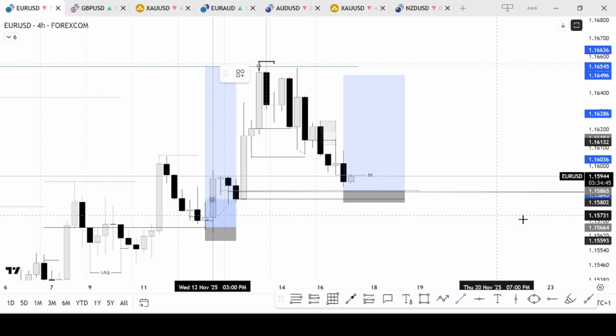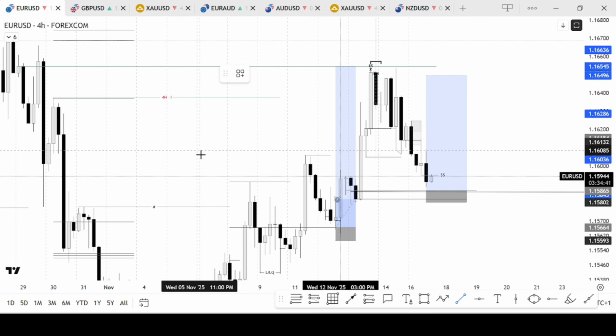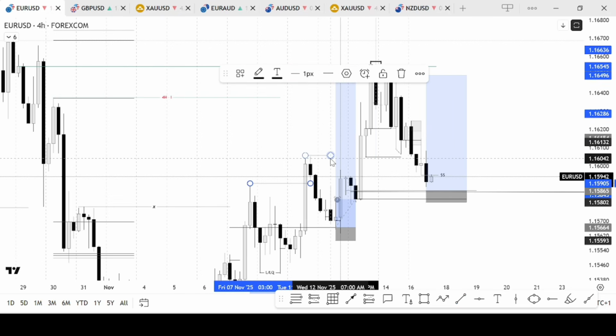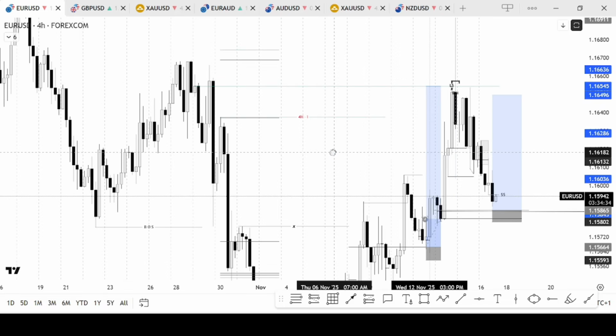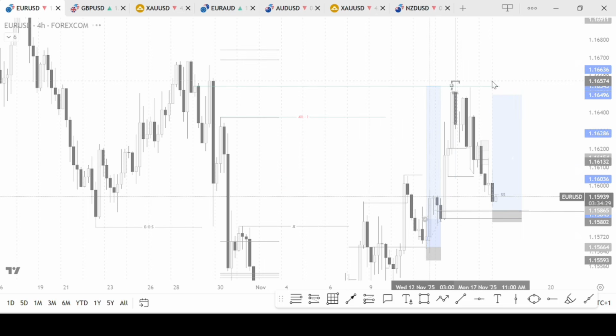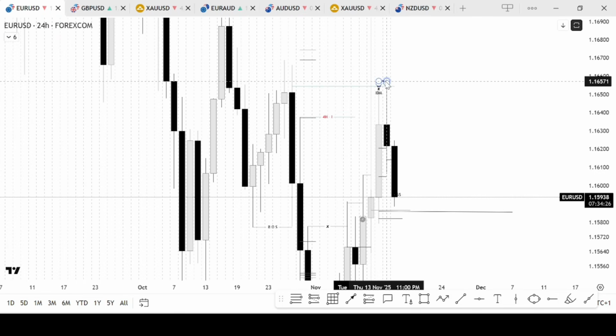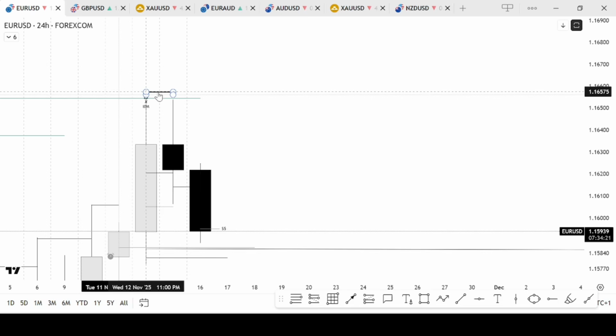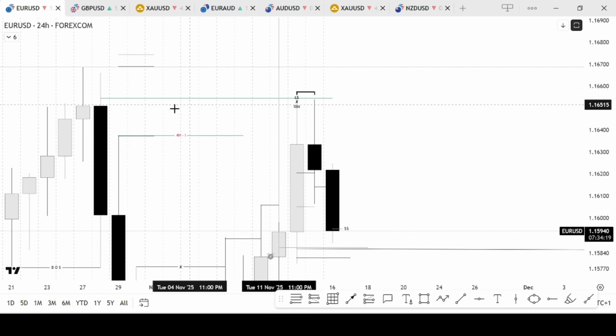Okay, so the next thing that we want to do is very simple. As you can see, we had a multiple break and continuation of trend to the upside after this daily zone was tapped. So that was a daily zone, and of course it was marked beforehand, and as you can see, that's my cache 2. I call it cache 2. That was my cache 2 that I use on there.